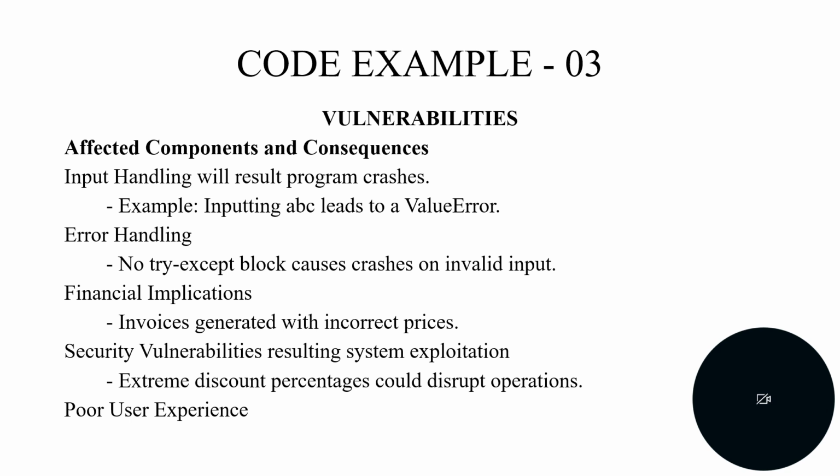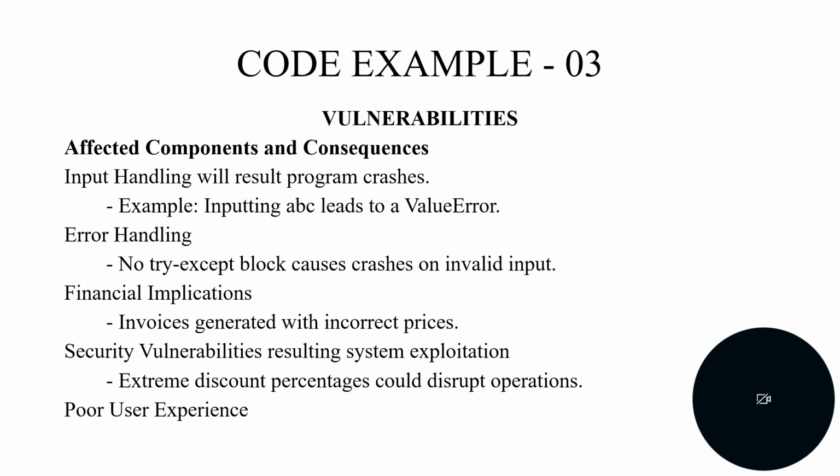If the system accepts an unrealistic discount percentage like negative or more than 100%, it could generate invoices with incorrect amounts. This could result in either financial losses for the business or overcharging the customer, leading to trust issues. And coming to the security vulnerabilities, allowing extreme values for discounts such as percentages over 100% can introduce security vulnerabilities.